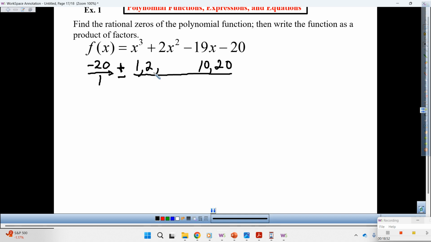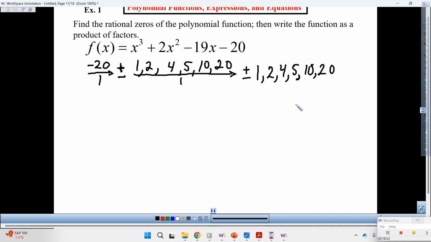What else? 4 times 5. And we're done with all the factors for 20. How about 1? 1 is just 1. Therefore, this is what we're going to be searching. Look up. We need plus minus 1, 2, 4, 5, 10, and 20.